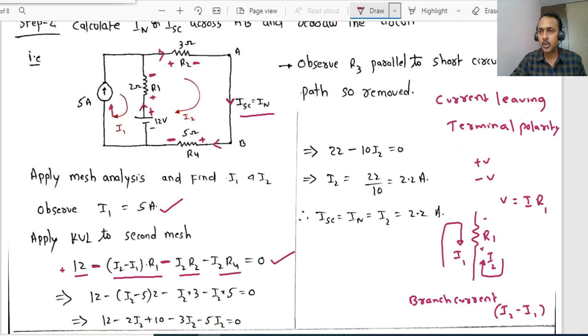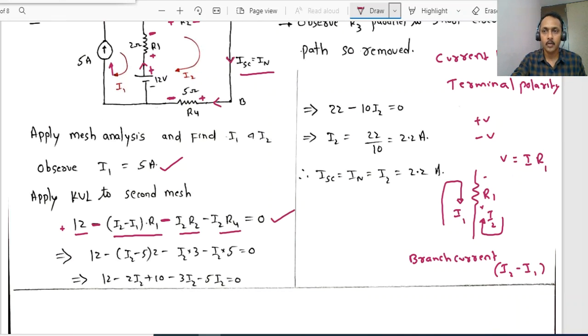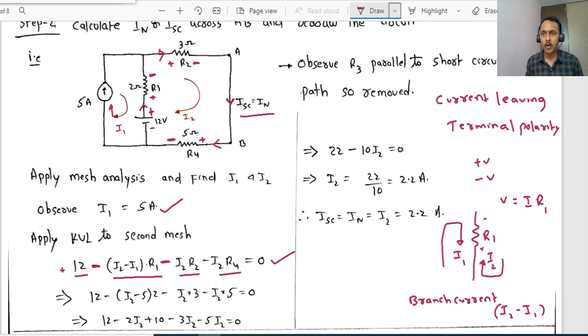If this step goes wrong, the entire problem goes wrong. This step is very important. If this step is correct, to some extent you can manage. If the first step itself went wrong, then the entire problem will go wrong. So please be very cautious while writing the KVL for a given loop.